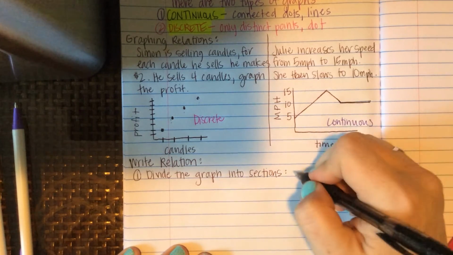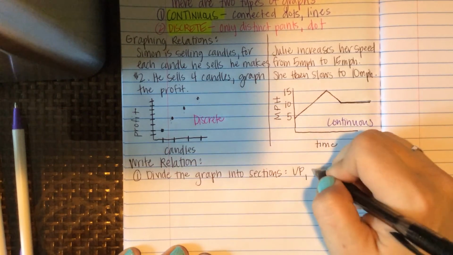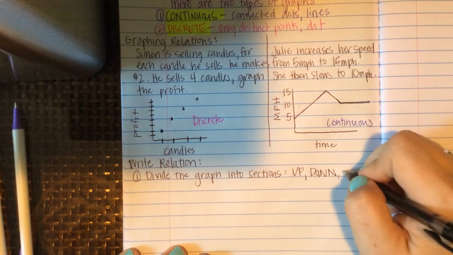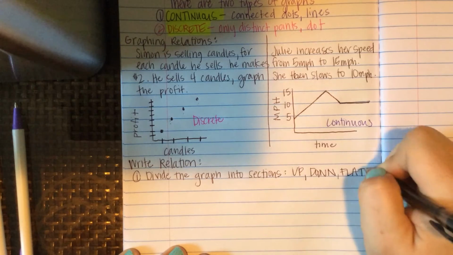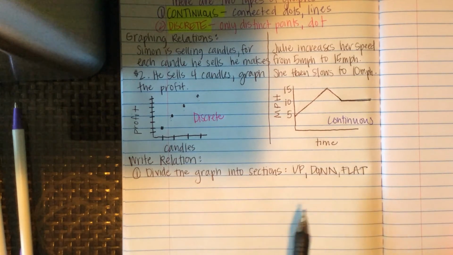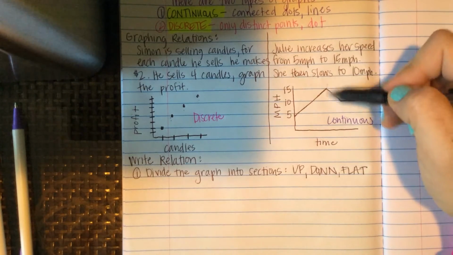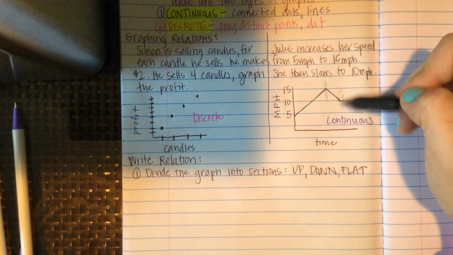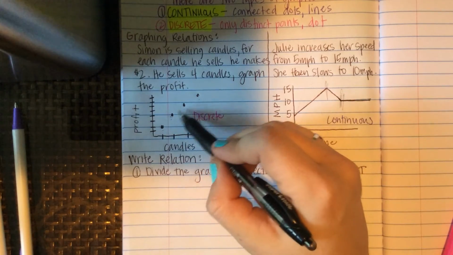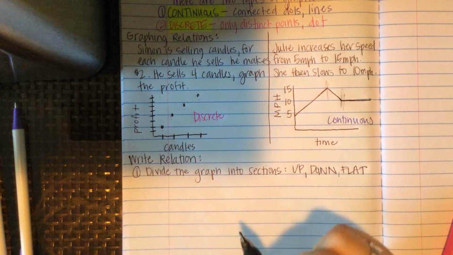And those sections are going to be where it goes up, where it goes down, or where it's flat. So you take your graph and you divide it. And this is already divided for us because each point is distinct.